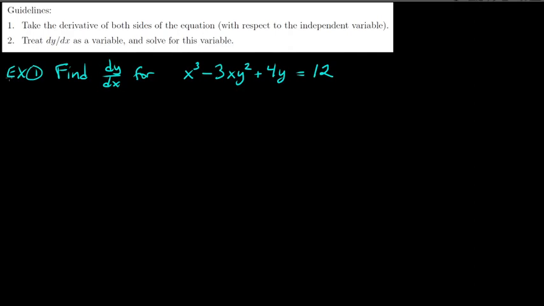Okay? So what could we do? Well, one thing we could try to do is solve for y. And if we can solve for y, we will have y as a function of x. And then we can just take the derivative the usual way, explicitly.